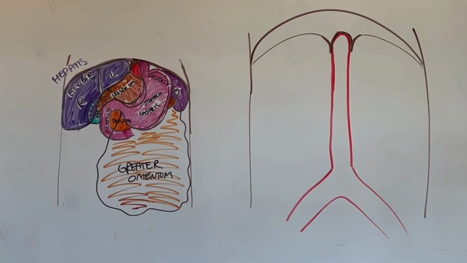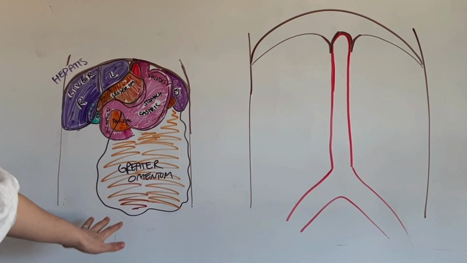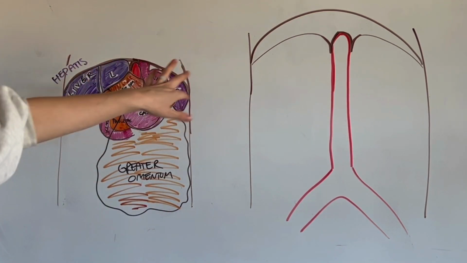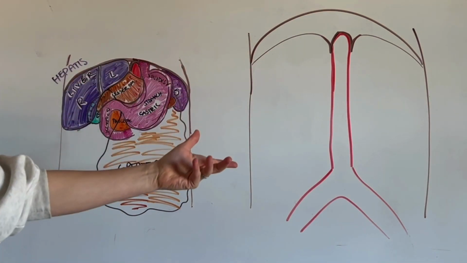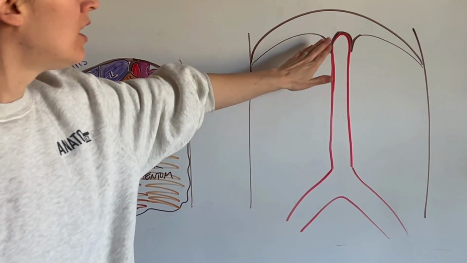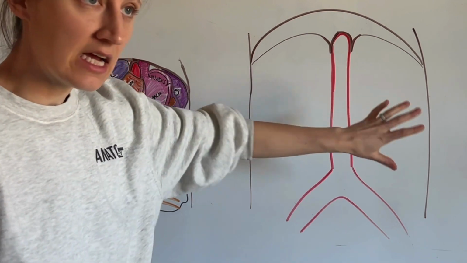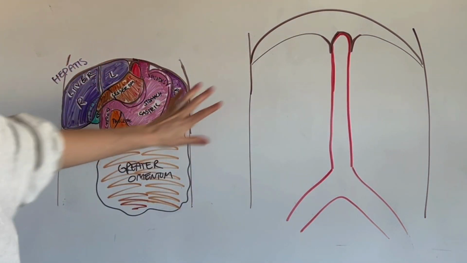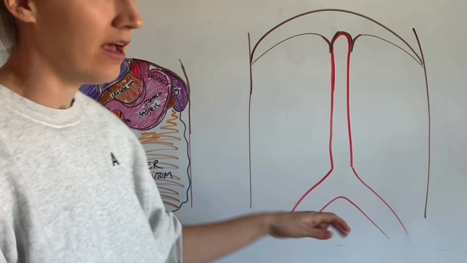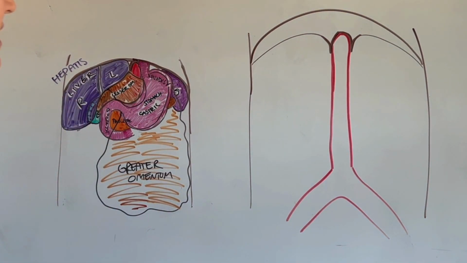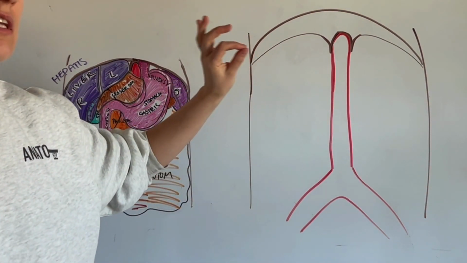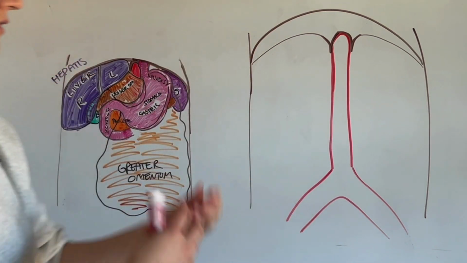All right, so I'm going to keep this organ diagram here just for reference. So if you ever forget which organ is over to the right or to the left, you can refer back to this picture, but I'm going to start drawing the celiac trunk without these in the way, because they do get in the way of our drawing. Now, I'll sometimes draw in a little outline of them, but most of the time I'm going to try to leave them off so that it's more easy to follow.